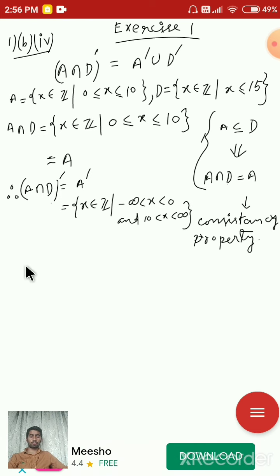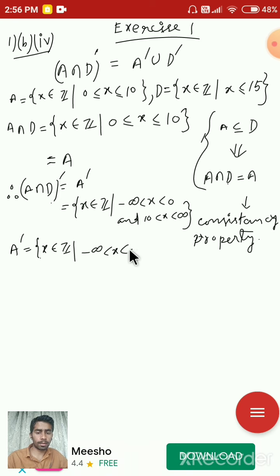And the set A complement has the elements, that is the set of integers x belongs to Z such that minus infinity less than x less than 0 and 10 less than x less than plus infinity.